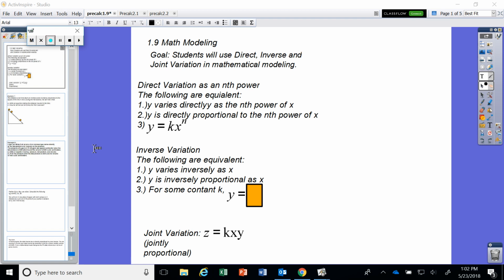So there are three characteristics that show direct variation, and that we're talking about as an nth power. y varies directly as the nth power of x. It is directly proportional to the nth power of x.